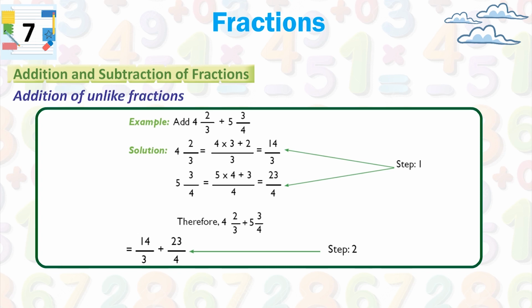Therefore, 4 2 upon 3 plus 5 3 upon 4 is equal to 14 upon 3 plus 23 upon 4.